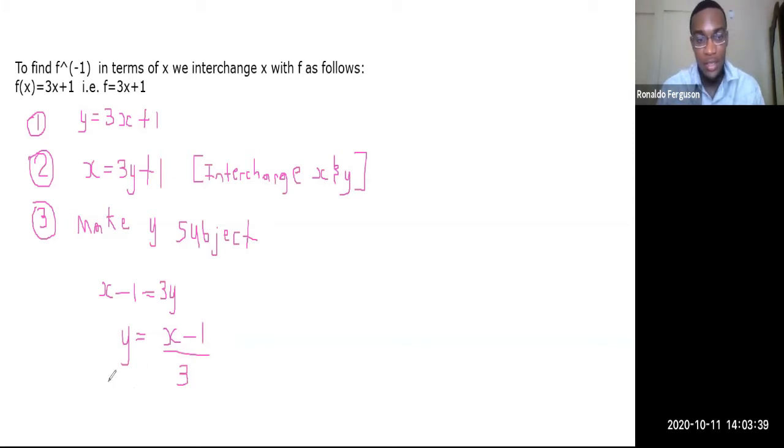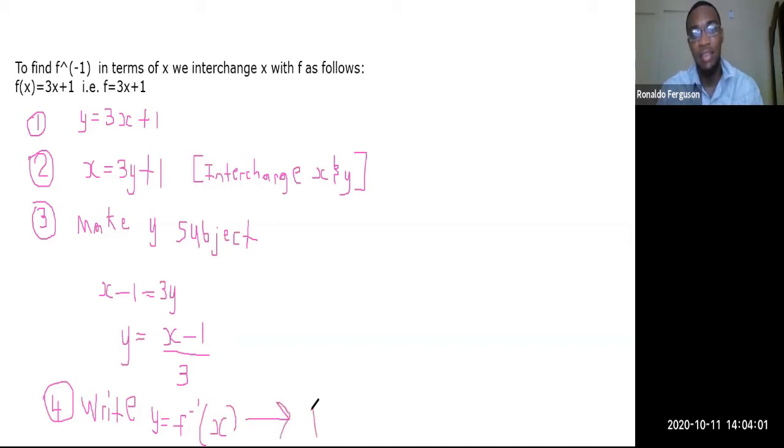Now step 4: write this new y as f inverse of x. And so that is the inverse. So we're done. This implies that f inverse of x is equal to x minus 1 over 3.